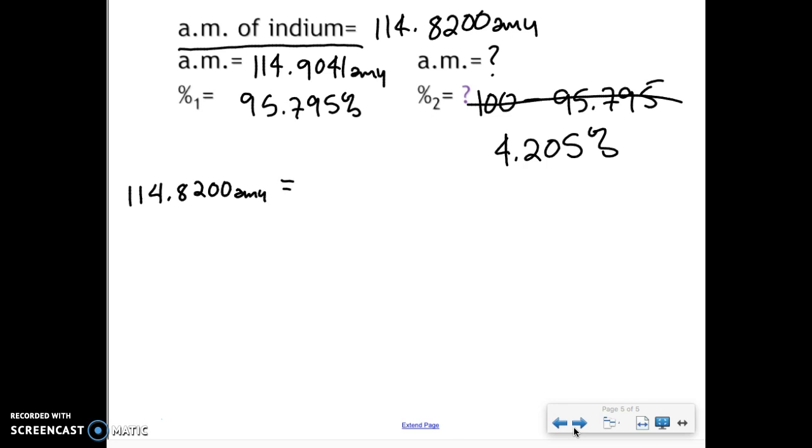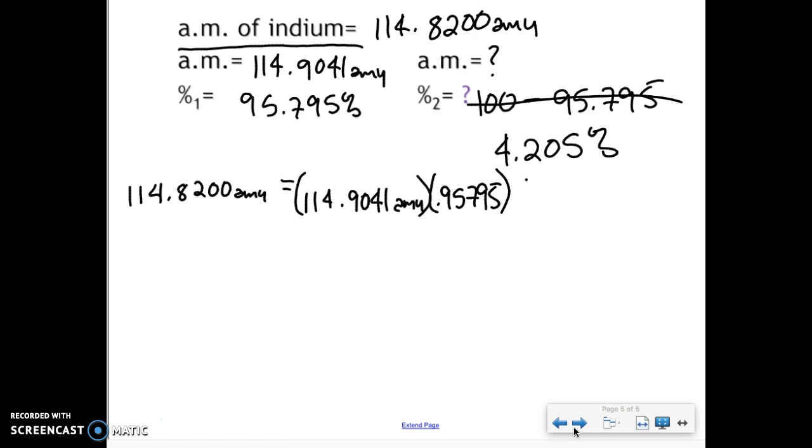Our mass of the first isotope is 114.9041 AMUs. And we're going to have to multiply that times the percentage of that isotope. But remember, percentages need to be divided by 100. So we're going to change that to 0.95795. Hopefully that makes a little bit of sense.